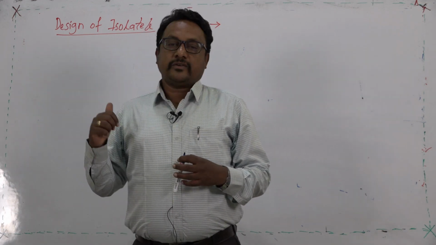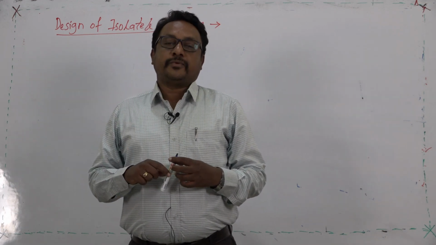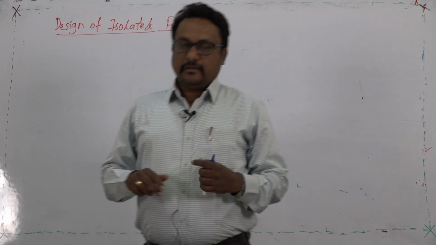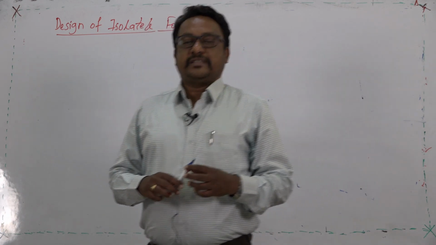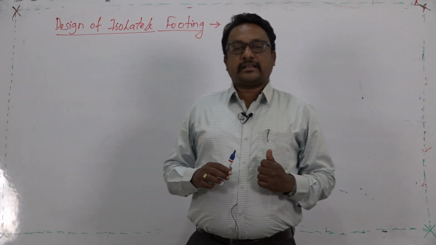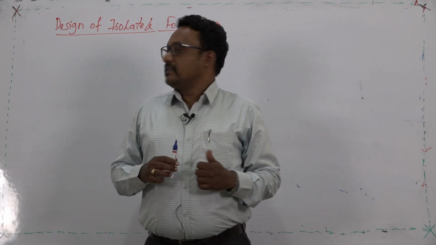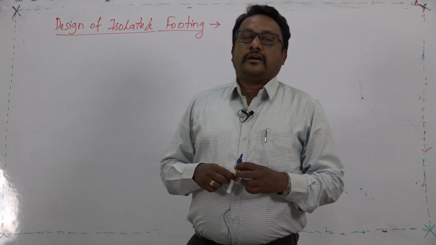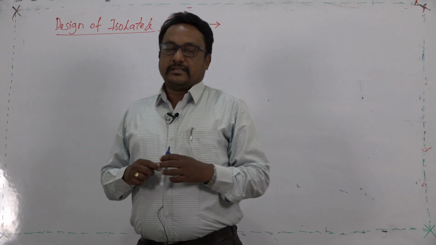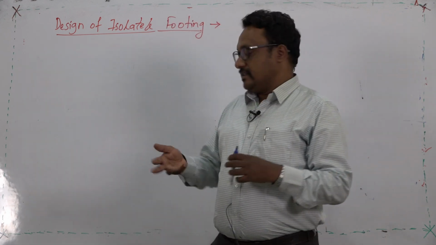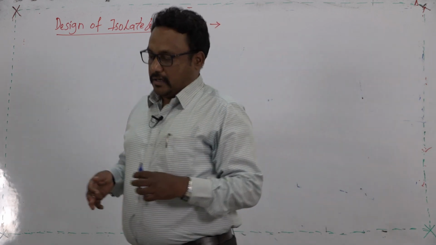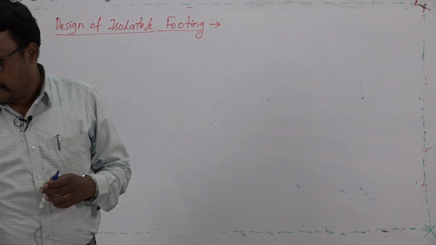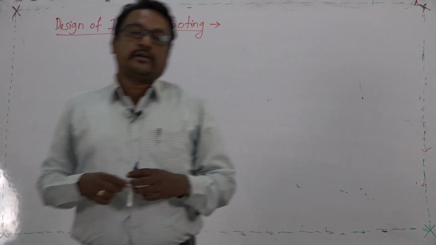The criteria to govern the depth of footing are based on two different bases: one is the punching shear criteria and the second one is obviously the bending moment criteria. Out of these two we consider the maximum value, and in this case we have the maximum value in the bending moment criteria.